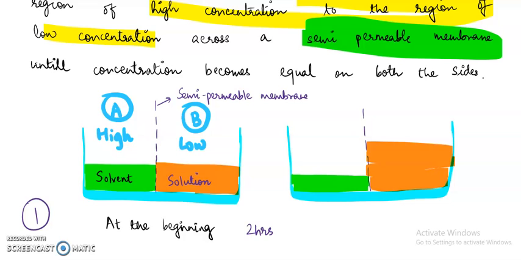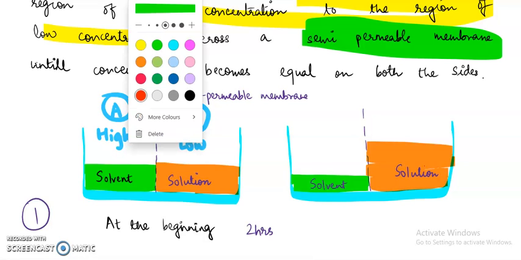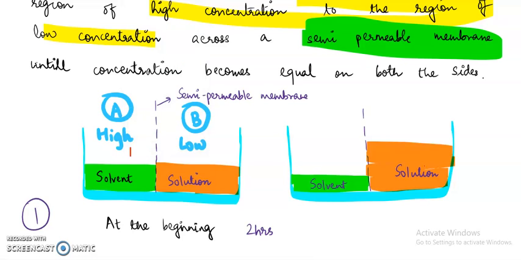So what did we conclude with this activity? We have seen that solvent has moved into the solution. Why? Because I said that the movement has to happen from high to low concentration, and high to low is in this direction. That is why the solution has gained water, whereas the solvent has become less.